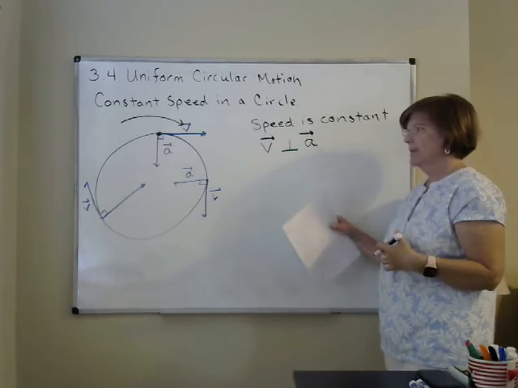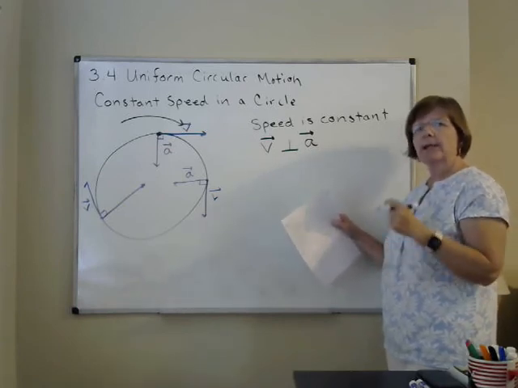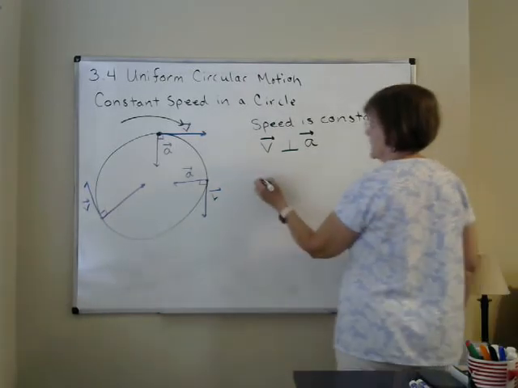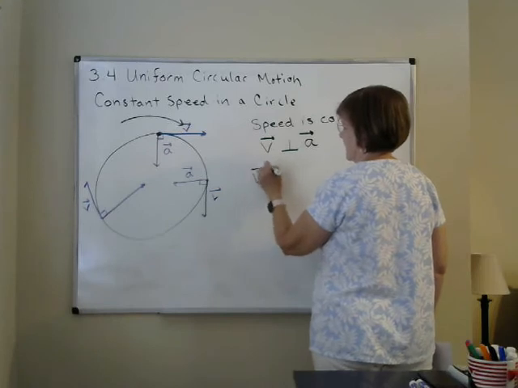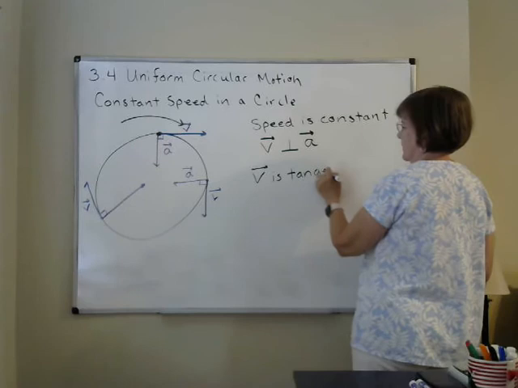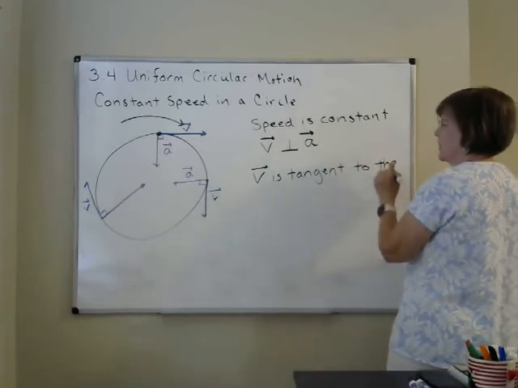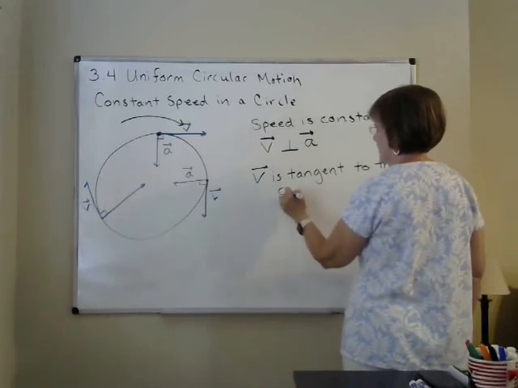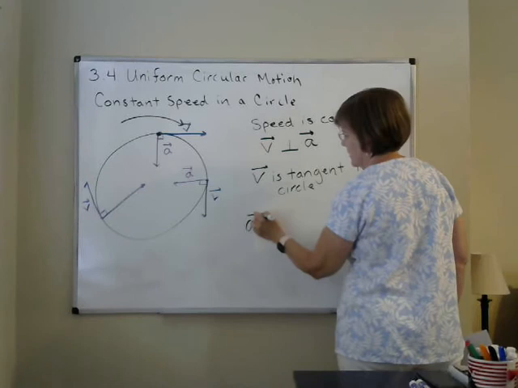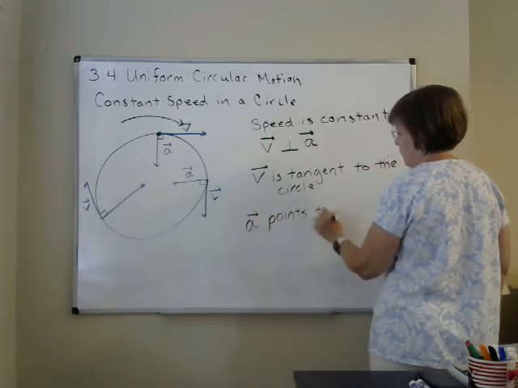If they weren't perpendicular, if some part of it wasn't perfectly at a right angle, it would either be speeding up or slowing down. So what we see then is that v is tangent to the circle. A tangent line, remember, will only touch at one point, and the acceleration points toward the center.